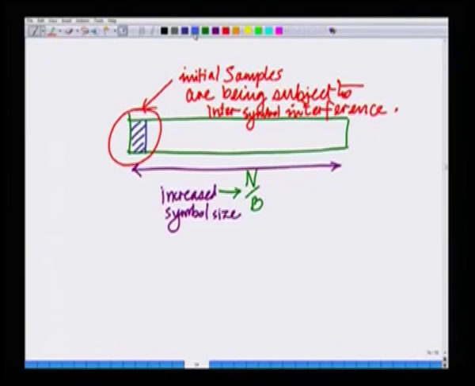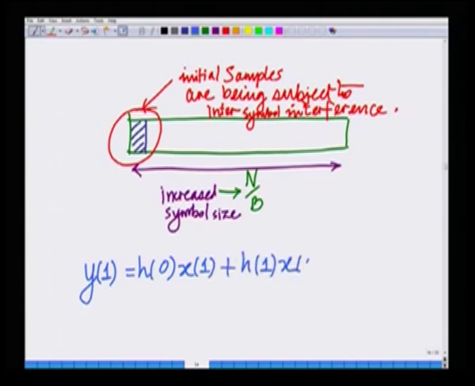Let me also illustrate what is happening with the second received symbol, that is y1, just to cement this idea. When I receive y1, it is nothing but, now you can also see, h0 x1 plus h1 x0.